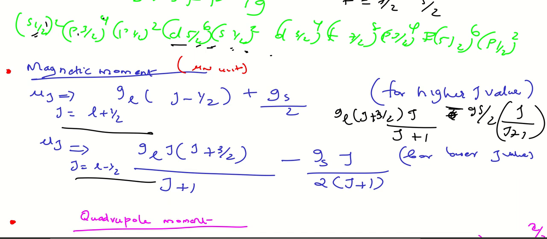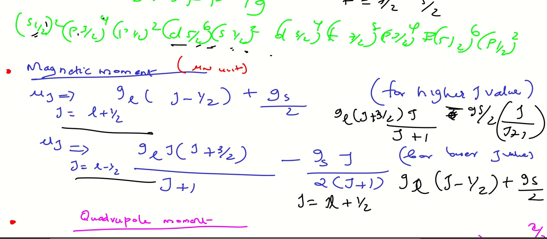For J is equal to L plus half, GL into J minus half plus GS by 2.